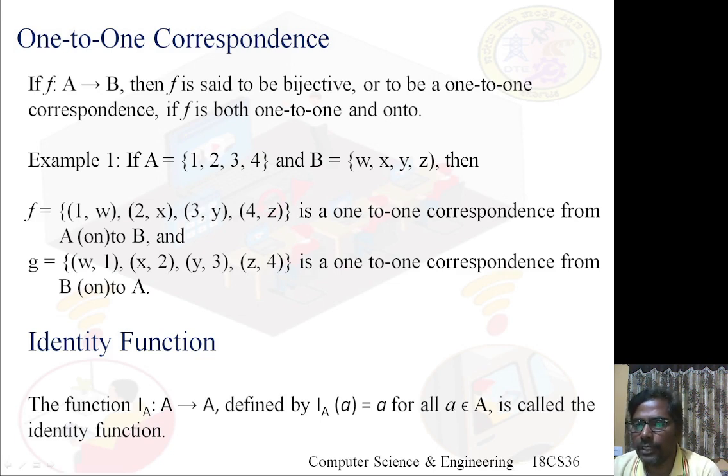Clear? Such a function f from A to B, which is both one-to-one as well as onto, we call one-to-one correspondence or simply correspondence.